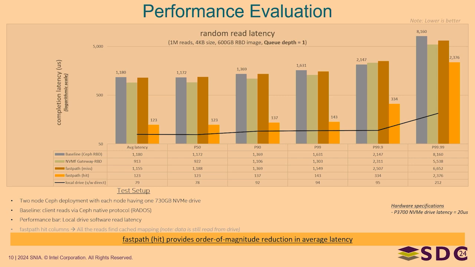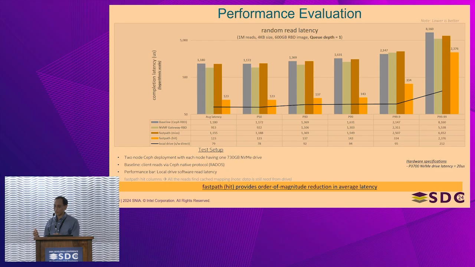I think the only answer I have to that is, even if you look at the local drive, the black line, that is also shooting up quite a lot. It goes up from 80 to 212 microseconds, right?